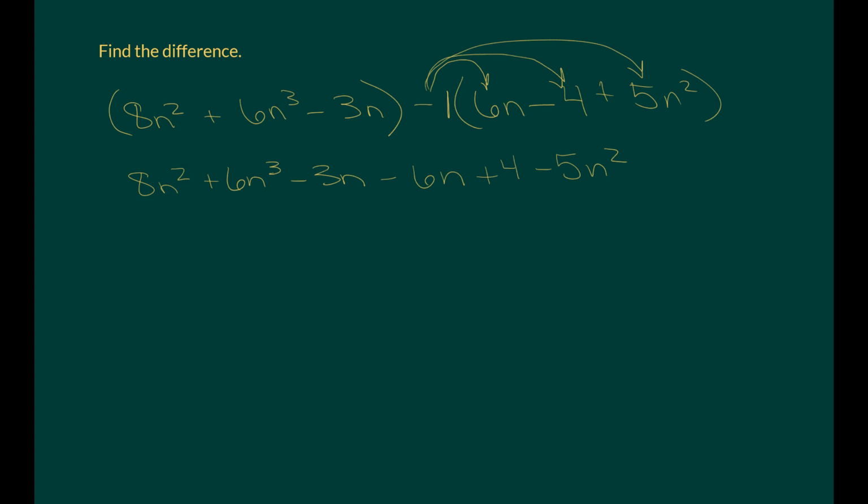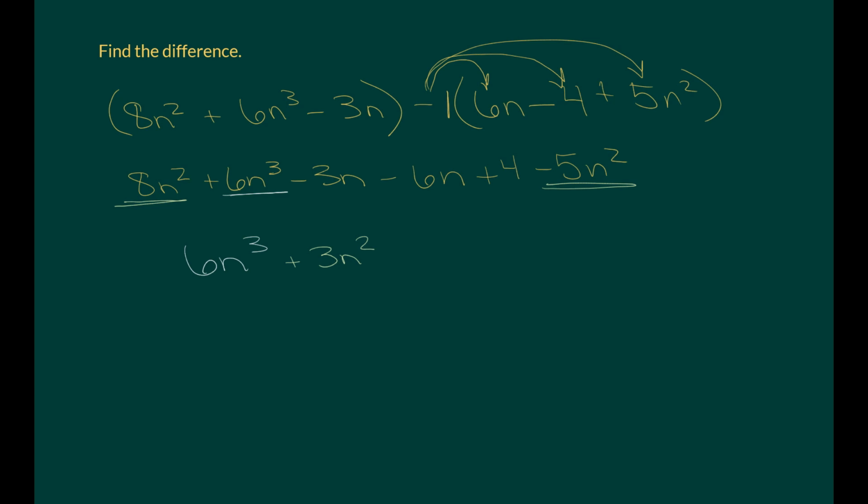Now we just combine like terms. So I'm going to look for the highest exponent first, which is my cube. I only have 1. So I'm going to write 6n cubed. Then let's look for anything with a square. So I have 8n squared minus 5n squared. I'm sorry, that would be plus 3n squared.